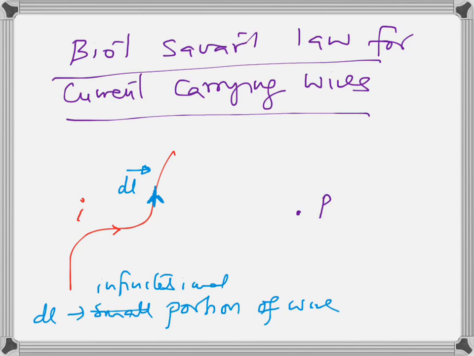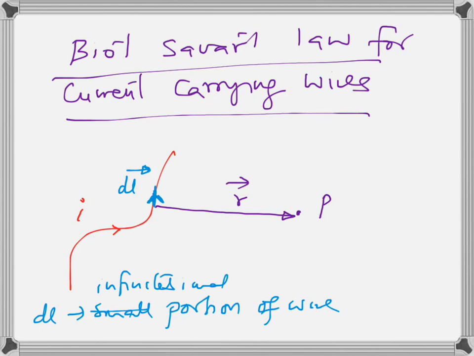From DL bar I will draw a position vector to my given point. So first I will find the magnetic field at P due to the current in DL bar. Due to the current flowing through this small piece of wire, I will find the magnetic field at P. Then I will integrate if needed for the whole wire.